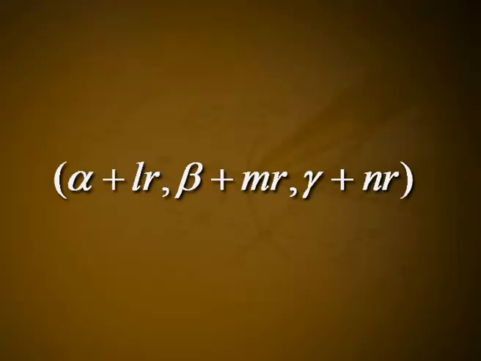Any point on this line is (α + lr, β + mr, γ + nr).